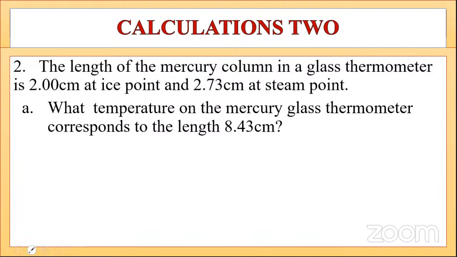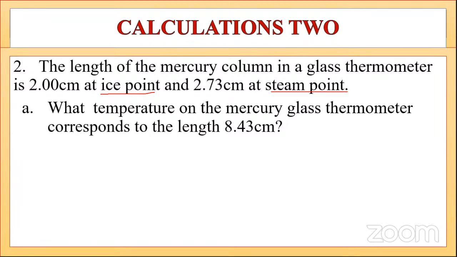Do you see this one still is a bit Celsius scale? The fact that it is measuring ice point and steam point, it means that it is Celsius scale. Is that okay? Yes, sir. Very good.